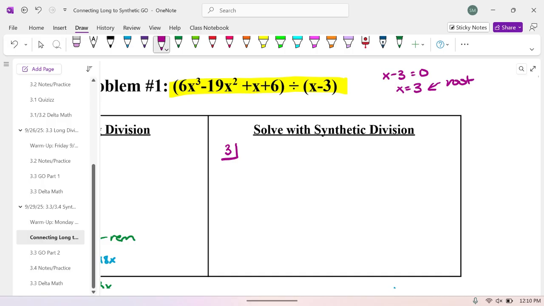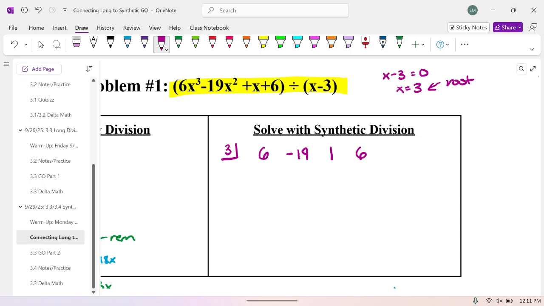What would my coefficients be? 6, negative 19, 19, and 6. Even though that last 6 doesn't have a variable, it's still considered a coefficient because remember, it'll be 6x to the 0 power.